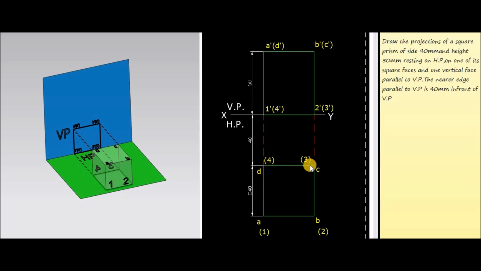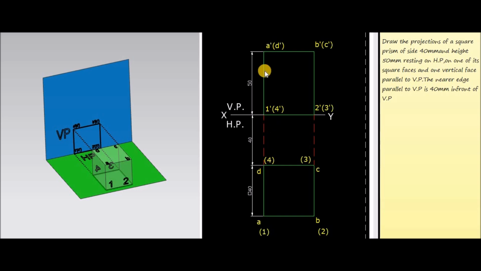Now we have to draw the front view, and for that draw the projections from this top view from the points D and C into the XY line, and these projections will always be represented by dotted lines. Now in the question it is given that the height of the prism is 50 mm.